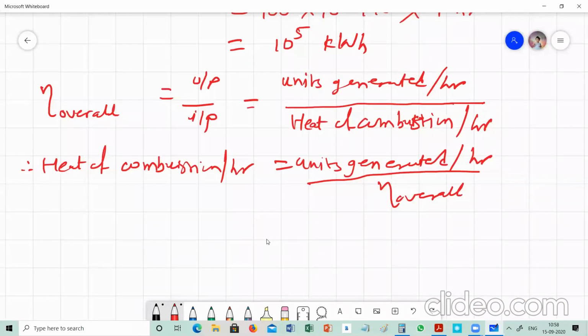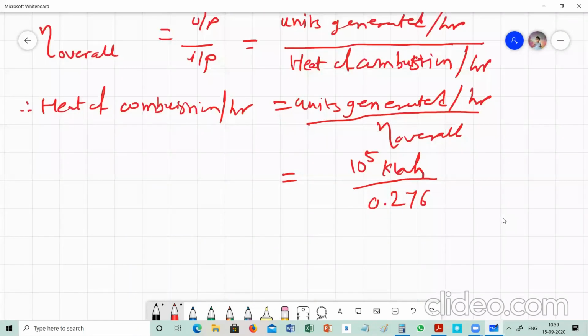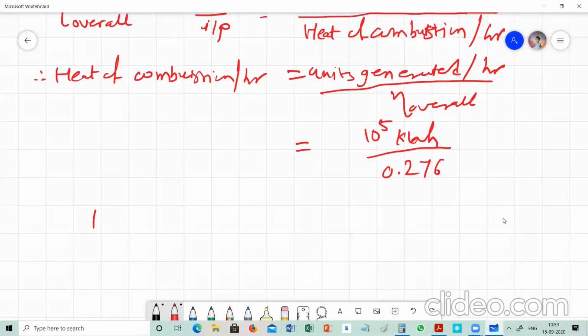Units generated per hour are 10 raised to 5 kWh, divided by efficiency 0.276, which we have calculated earlier. But heat is expressed in kilocalorie, so we have to convert it into kilocalorie, and we know that 1 kWh is equal to 860 kilocalorie.